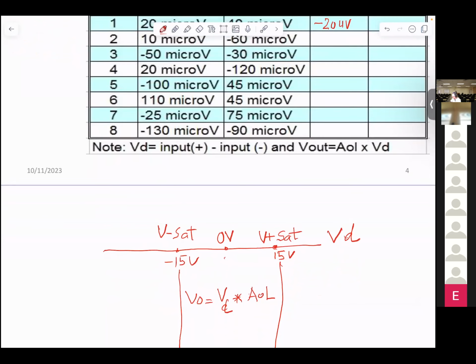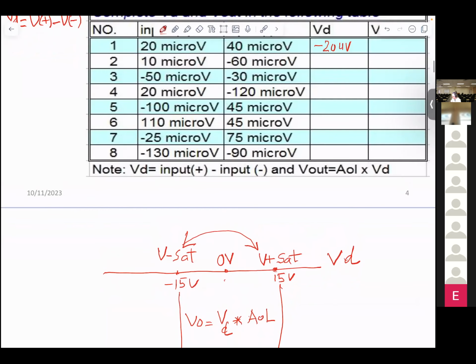If the VD is higher than minus 15 volt and less than plus 15 volt, to calculate the V out you take VD times the gain. Otherwise, it will be saturated.